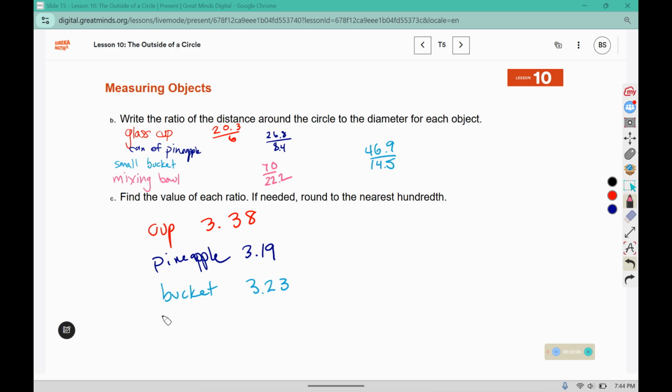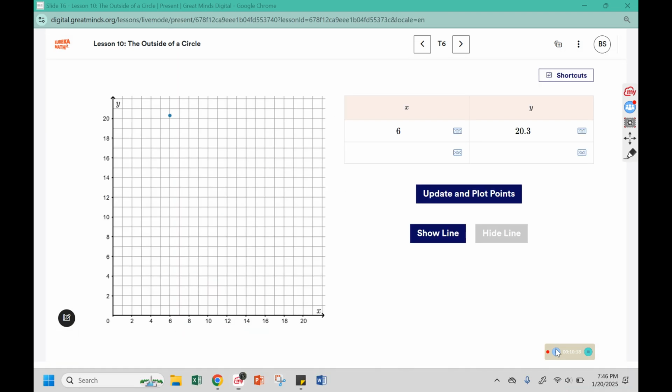And for the bowl, 70 divided by 22.2 is 3.15. So I'm filling this in with the information from our table.